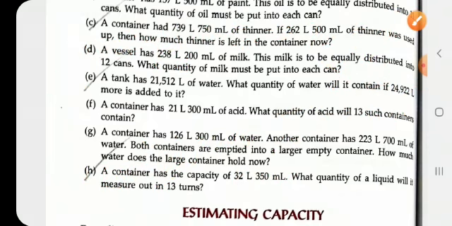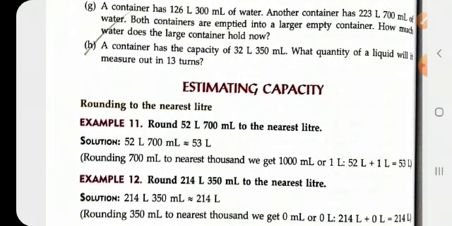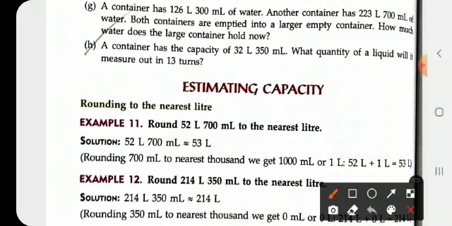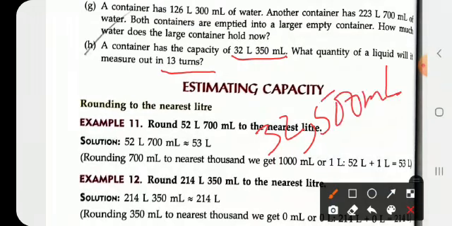Then we come to sum number H. A container has a capacity of this much. This much is the capacity of one container. Now what quantity of a liquid will it measure out in 13 turns? So here we will simply divide it, and for dividing it we will get one unit, that is 32,500 milliliters, which is then further divided by 13.